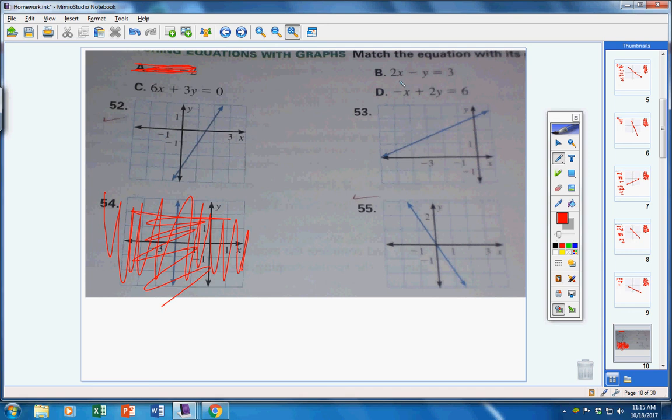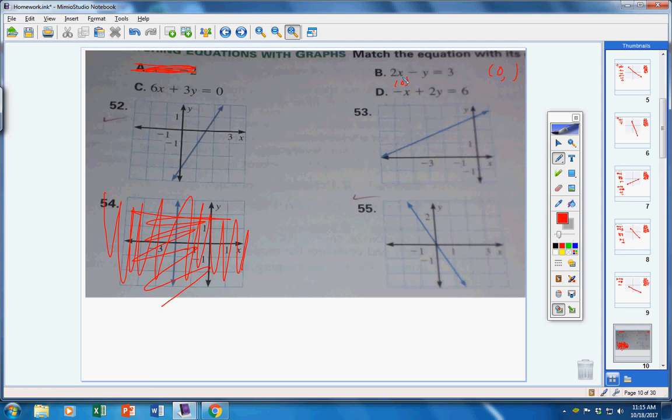When I look at this equation here, I'm going to put a 0 in for x. Now, students, when I say put a 0 in for x, trust me, you can use any number you want, but 0 is just so easy, okay?